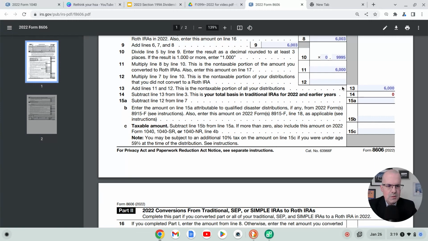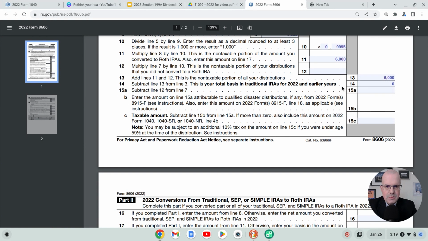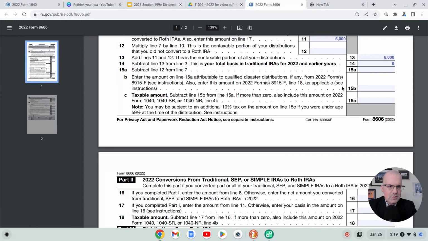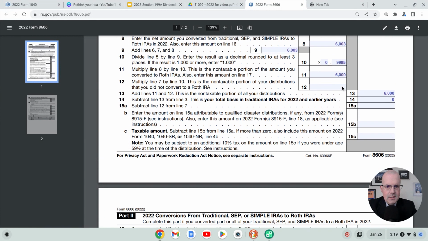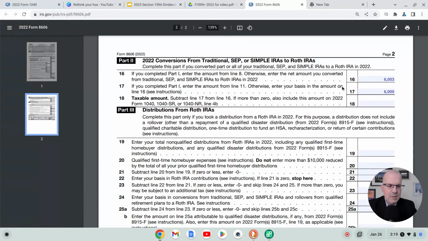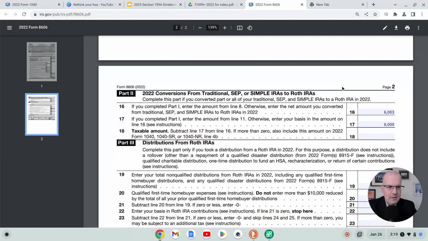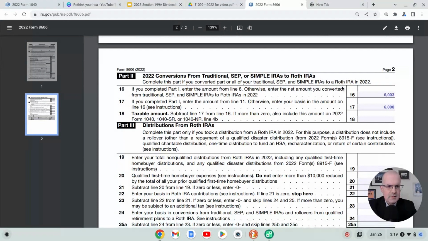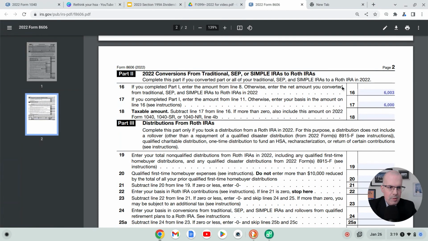We didn't take distributions, so that's fine. We don't have any qualified taxable distributions. There's no taxable amount there. And what we do, so that's where we end up here. And then what we do is we just check this part 2, right? Yes. And we've grabbed these numbers from up above.